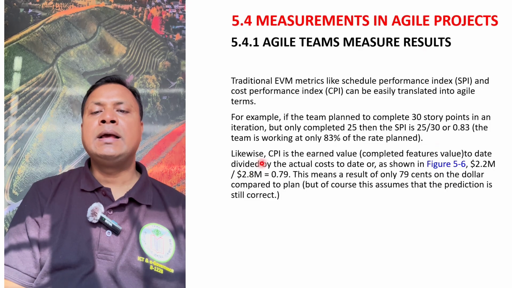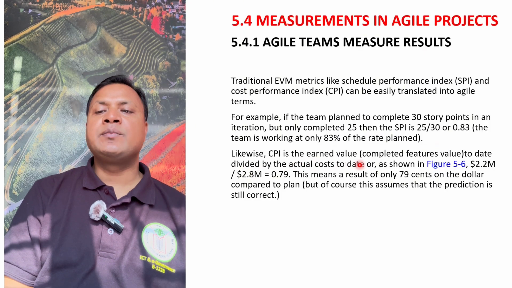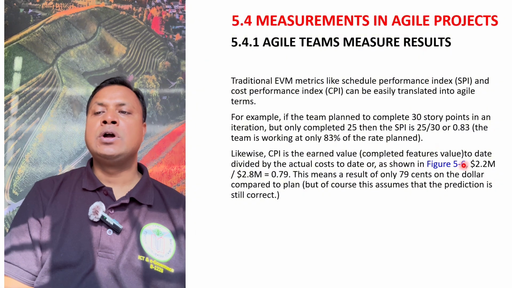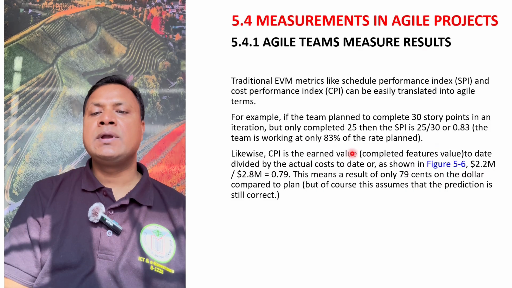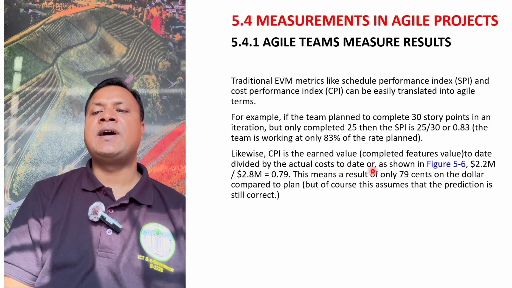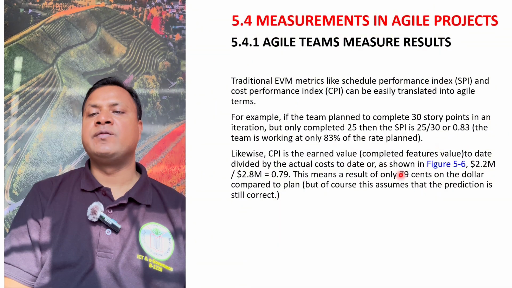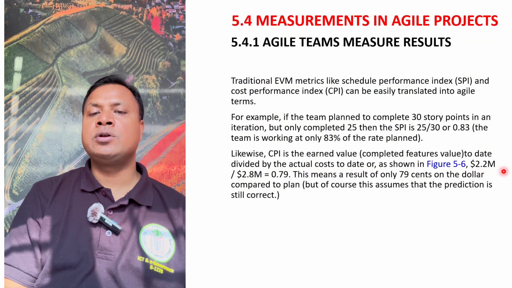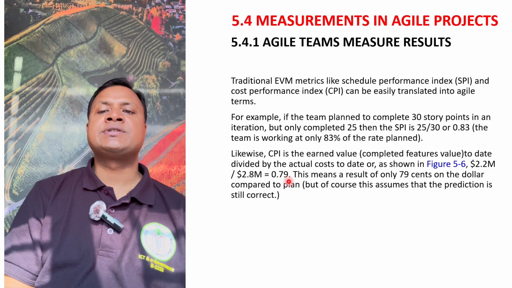On the other hand, CPI, the cost performance index, is the earned value, the completed feature value to date, divided by the actual cost to date. So if you divide EV by the actual cost, for example, 2.2 million divided by 2.8 million, you get 0.79.